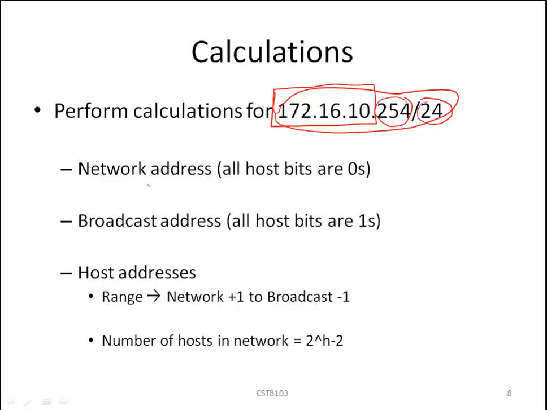So right off the bat, our network address will be 172.16.10. If all bits are zeros, what is an octet with all bits at zeros? Well, it's 0. The broadcast address, which is the last address of that range, is 172.16.10. All bits are 1 in our octet, converts to 255.